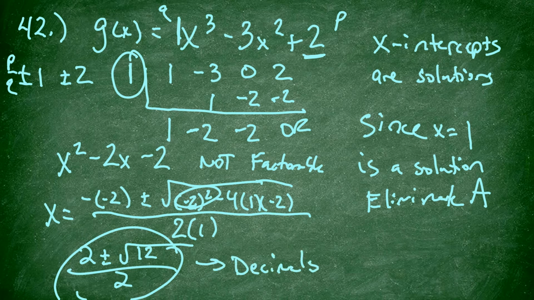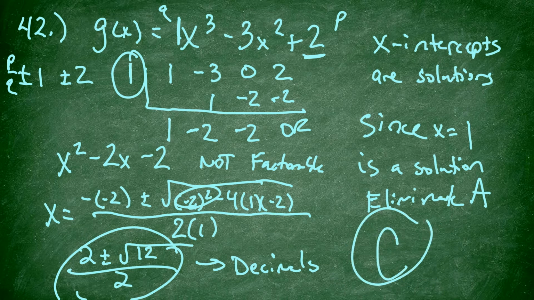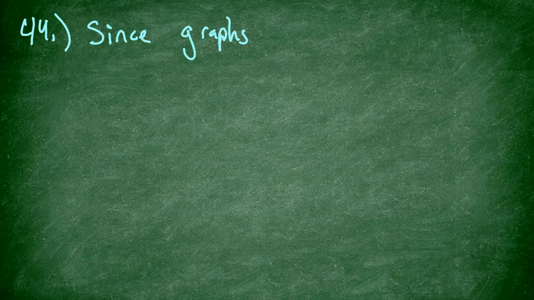Those can be in decimals. The first one is going to be close to 2.7. The other is going to be like negative 0.7. So it's going to work out perfect for option B. I lied. Option C, graph C. Because the other two intercepts don't cross at nice points.